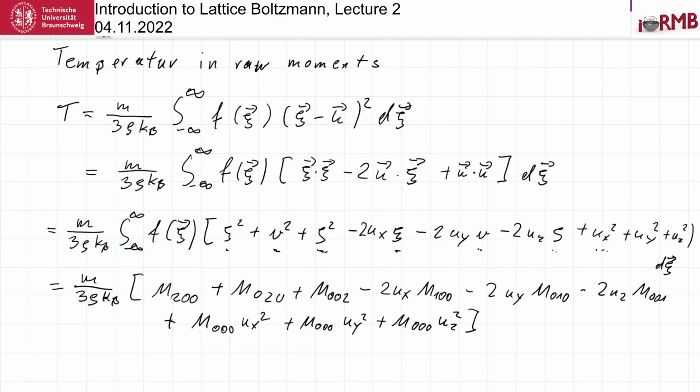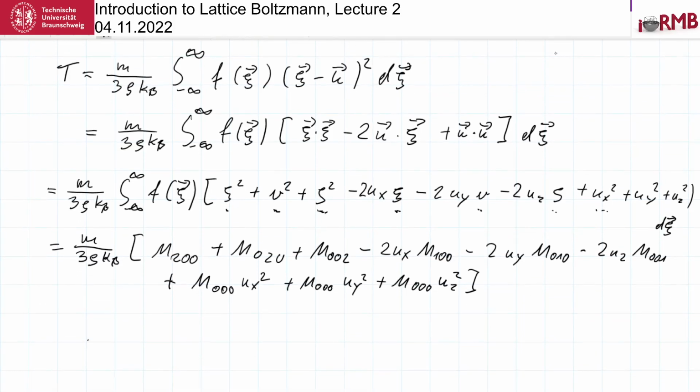So now what we need to know is that M000 for non-normalized moments would be the particle density. M100 non-normalized is rho ux, sorry that my rhos look the same as my zetas, first moment.